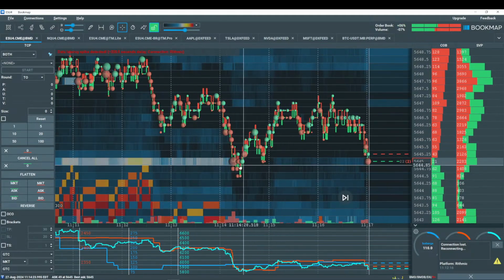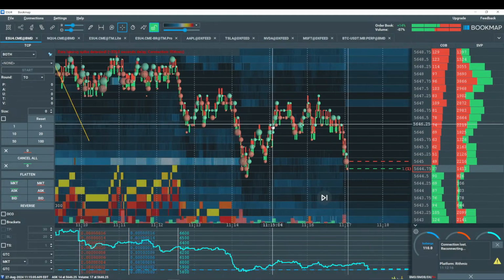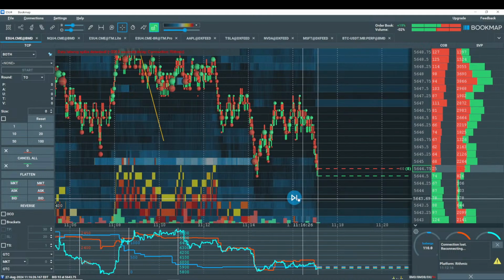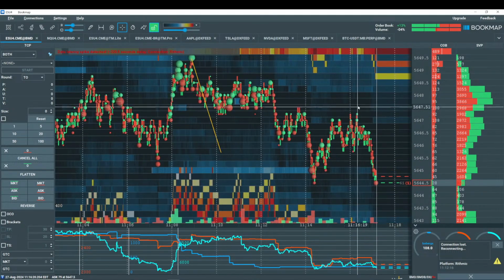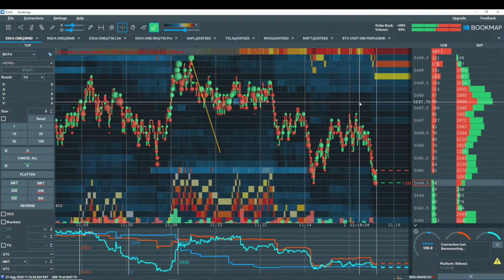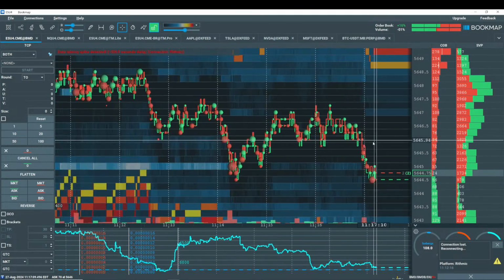And then you're catching really the bottom. Now this failed to get back to the point of control or high volume node here. Sellers are back in.